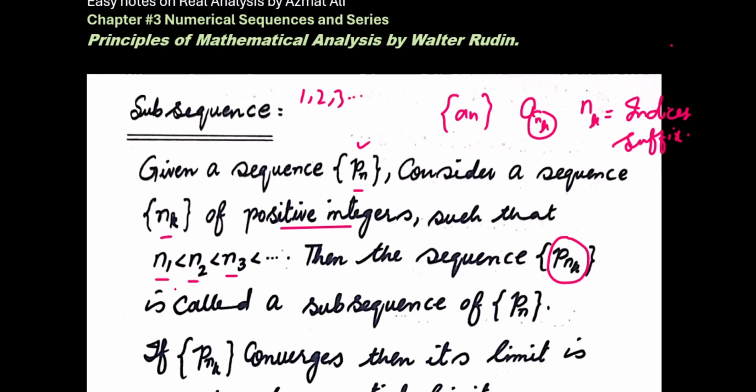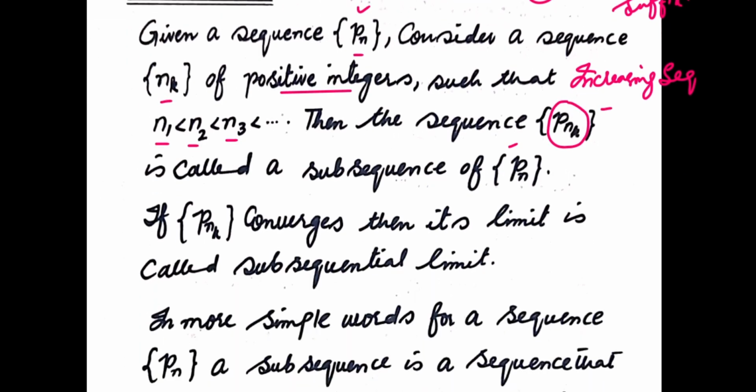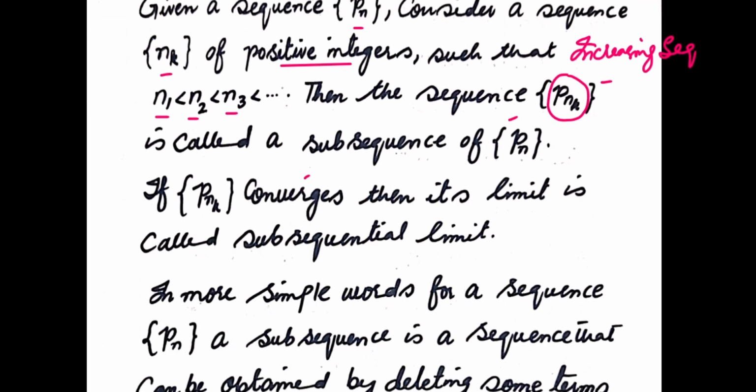In other words, this sequence of indices is an increasing sequence. Then the sequence Pnk is called a subsequence of Pn. This is the simple definition of a subsequence. If Pnk converges, then its limit is called a subsequential limit.